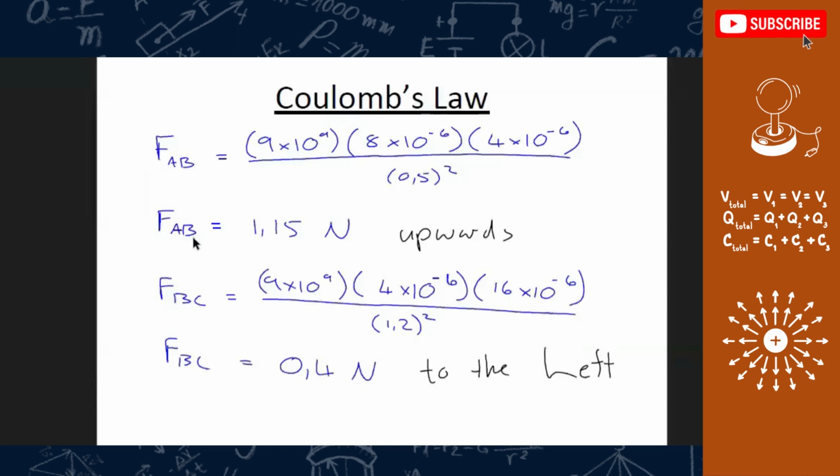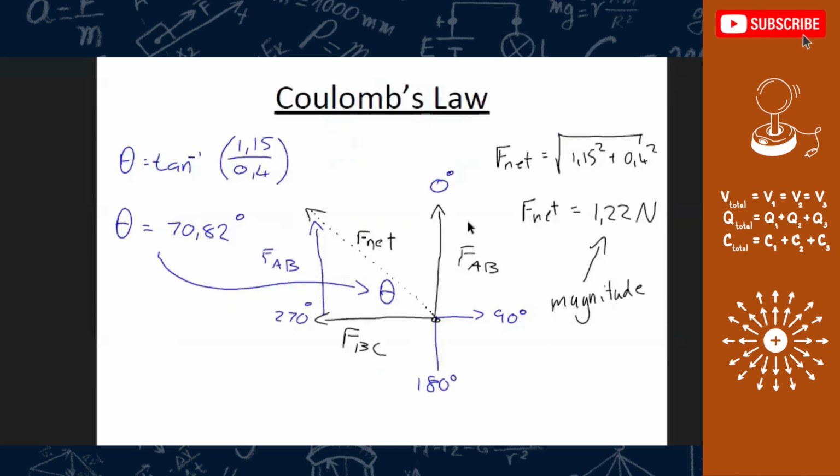We can see that B will experience a force of 1.15 newtons going up because of A, and it will experience a force of 0.4 newtons to the left because of C. To calculate the resultant force, we're going to use Pythagoras' theorem because this is a triangle. So basically what they did is they took FAB and moved it here so that we can close the gap and see where our resultant force is going to be by using the tail-to-head method. And we can use Pythagoras' theorem to calculate a resultant force of 1.2 newtons.